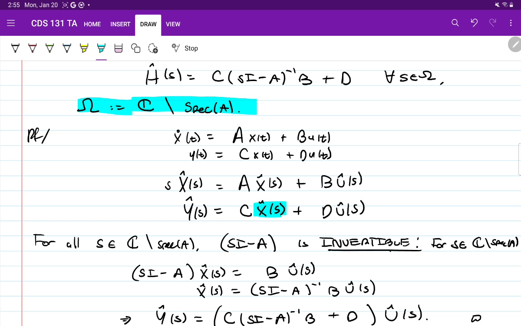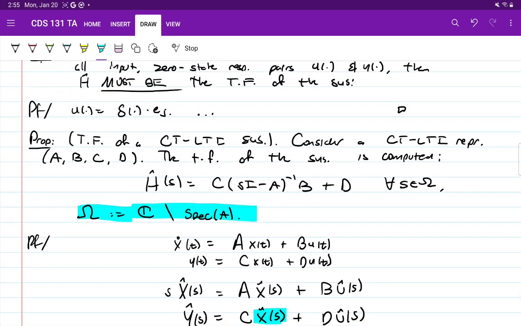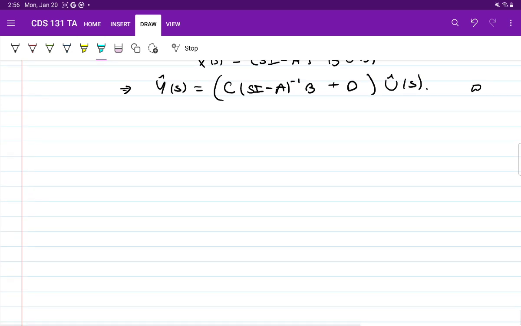If we were to directly compute the Laplace transform of our impulse response map, maybe it would give us some other domain, but we could extend that domain unambiguously to C minus the eigenvalues of A.